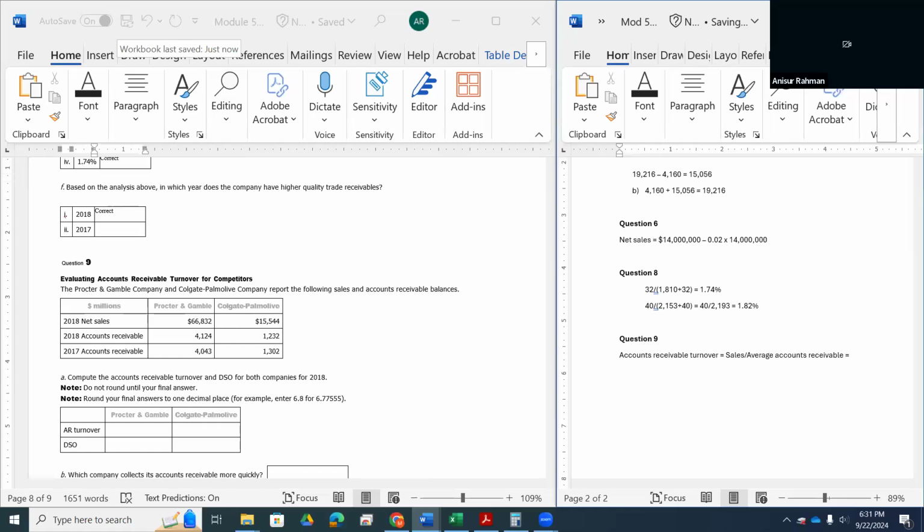So our sales is 66,832 for Procter & Gamble, divided by average accounts receivable. So what that basically means then, 4,004 plus 4,000.